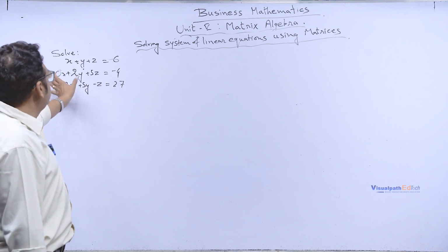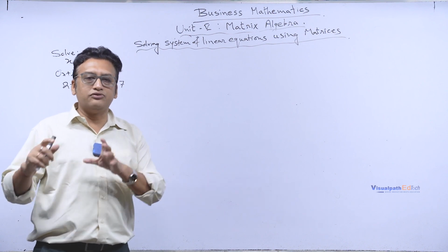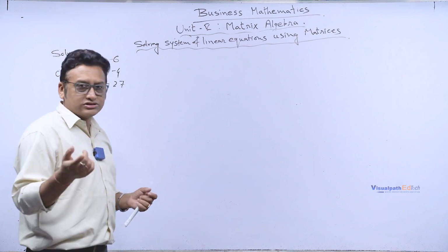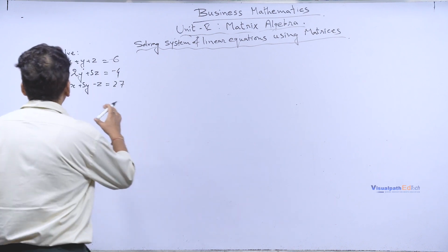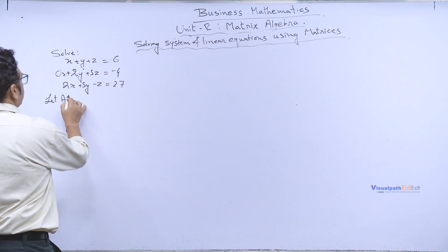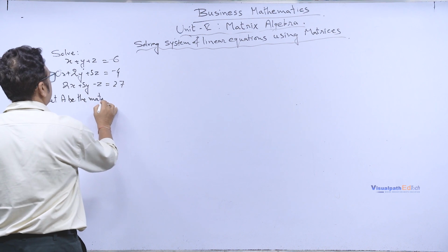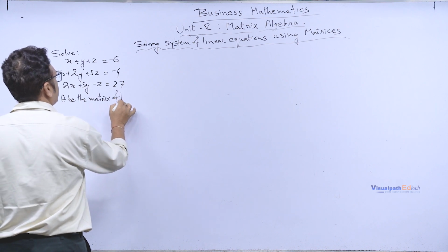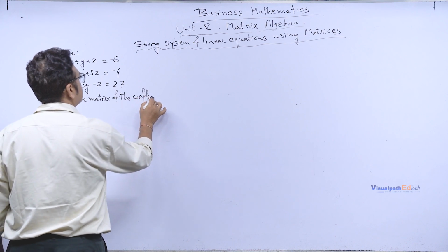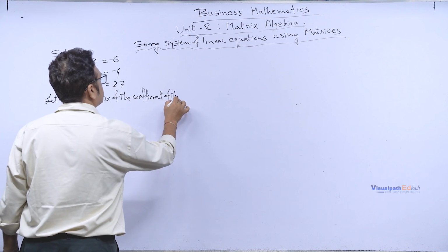So we need to consider the coefficients of the given variables, and with those coefficients we will form a matrix, and we will name it A. So let A be the matrix of the coefficients of the variables.